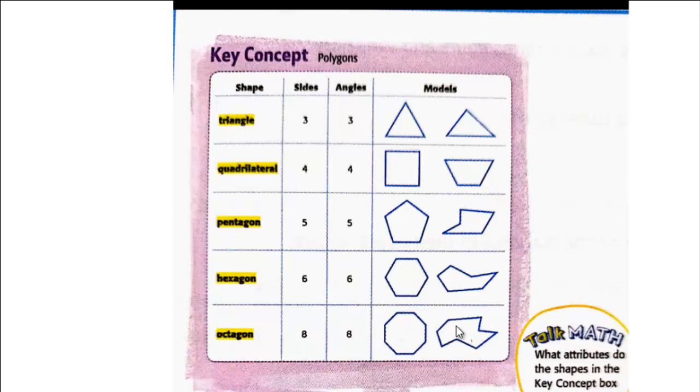Let's count how many sides here. 1, 2, 3, 4, 5, 6, 7, 8. And angles. Let's count how many angles here in this shape. 1, 2, 3, 4, 5, 6, 7, 8. So right here, 8 angles.